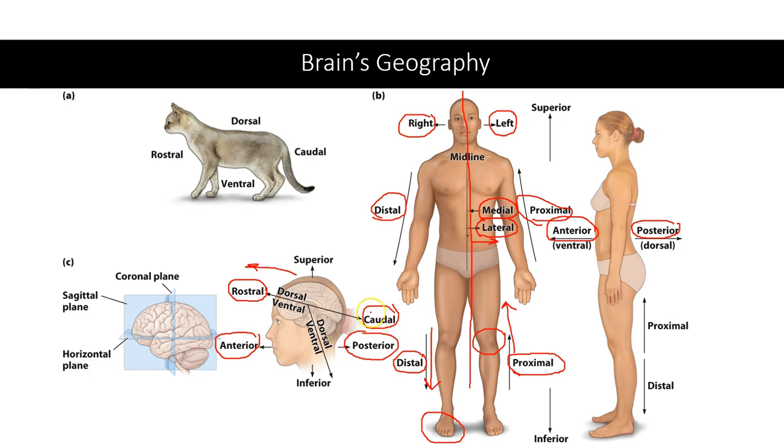Caudal literally means towards the tail. Most animals, like rats and mice that we use as animal models, are on four legs, and so their nervous system is in a straight line from head to tail. So caudal means towards the tail, rostral means towards the nose. Our nervous system is unusual because there's a bend in it.